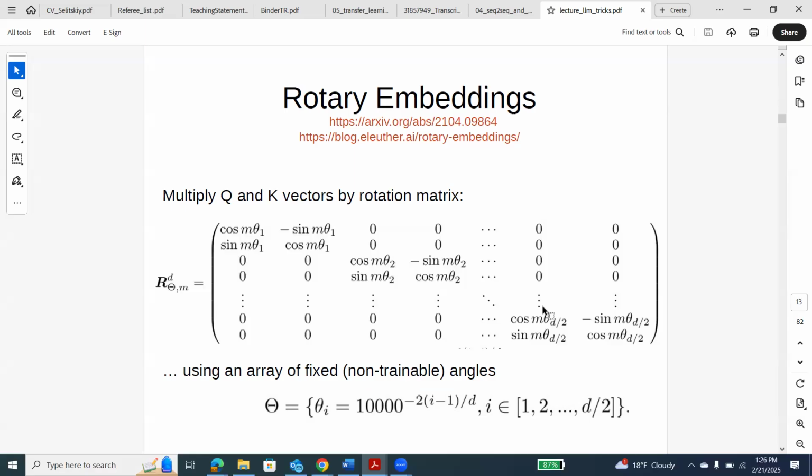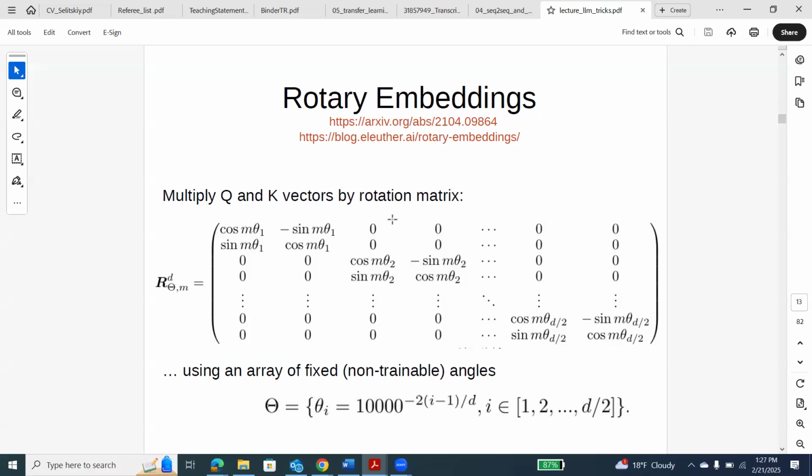The idea for rotary embeddings was to use a rotation matrix. A 2 by 2 matrix with sines and cosines, if you multiply this matrix by a vector, will rotate this vector by an angle, in this case m theta 1.